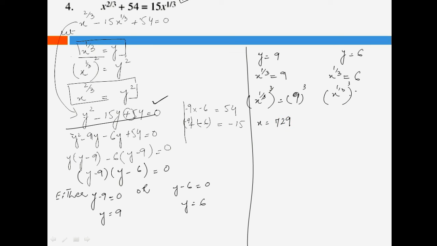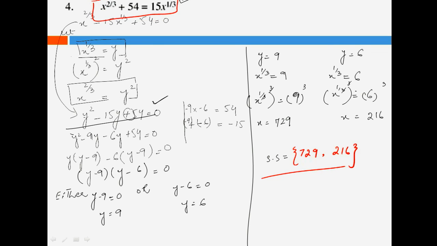Here again we have to take the cube to cancel this 3, and 6 cube. So 6 cube is equal to 216. So we have got two solutions, 729 and 216. These both are the solution set of this equation.